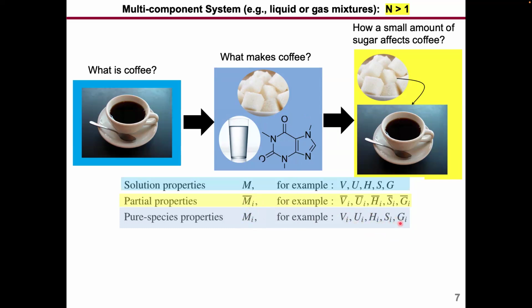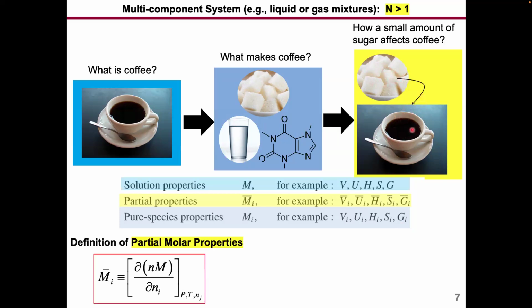Okay. Now, when we are trying to quantify how the addition of the sugar will change the overall properties of the coffee, that is usually quantified by these partial molar properties. So basically, we are trying to understand, by adding a small amount of sugar, how much the overall property is going to change by the amount of sugar that we add in.